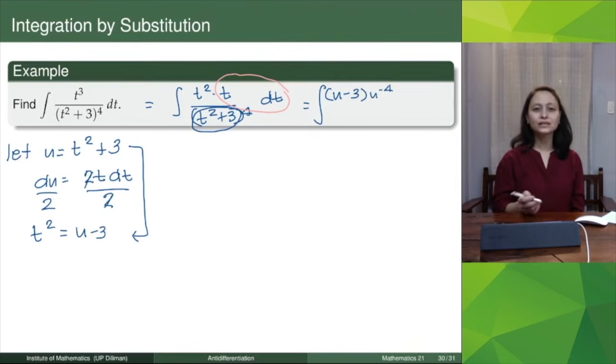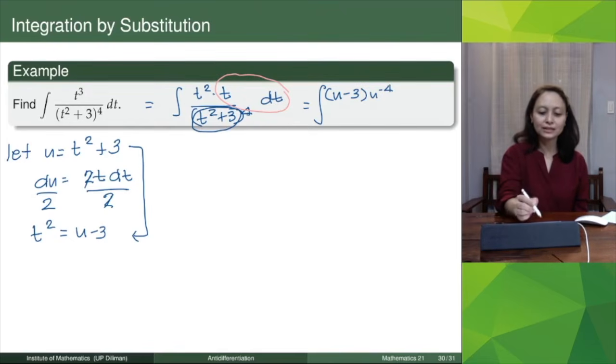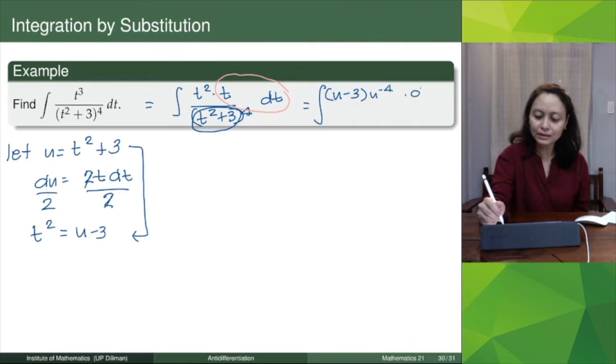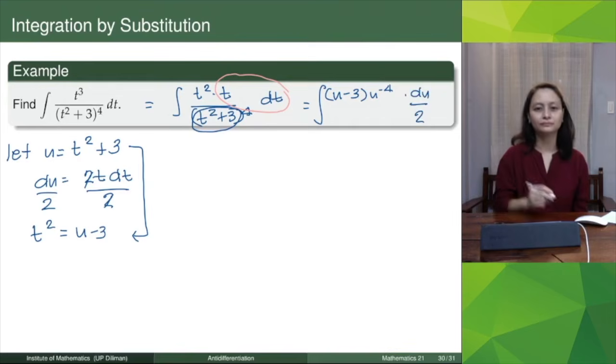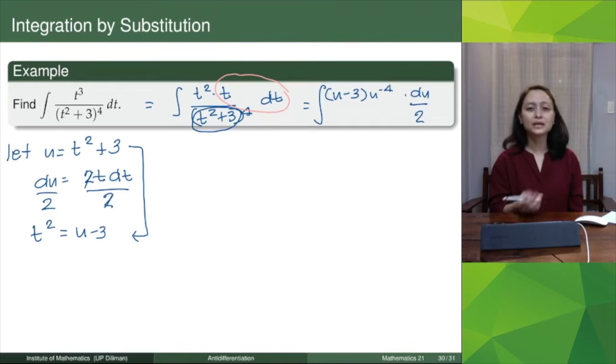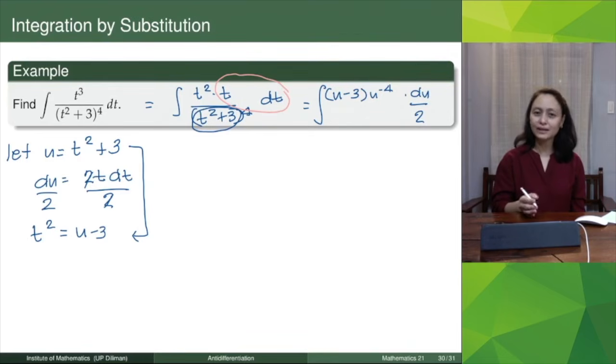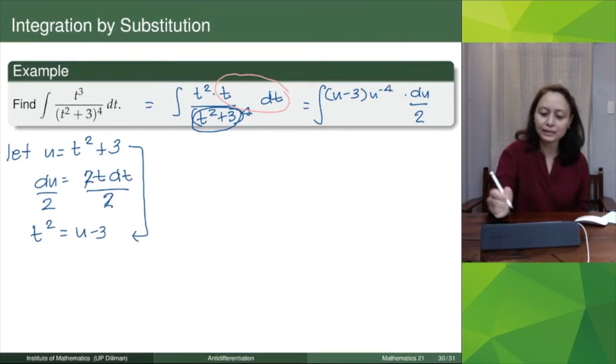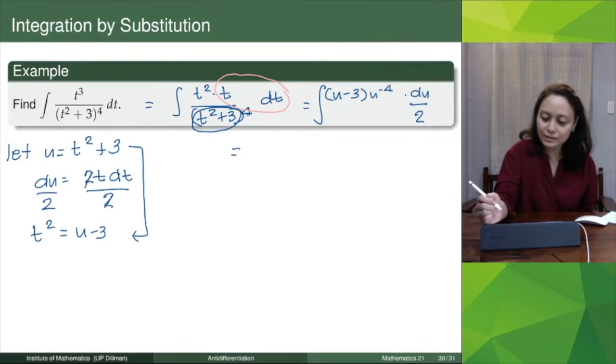Tama? 1 over t squared plus 3 raised to 4. It's t squared plus 3 raised to negative 4. Or using this substitution, you have u raised to negative 4. And last, yung t dt ay equal sa du over 2. Okay? So, we were able to write or express the integrand in terms of u. Wala nang naiwang ibang variable. Walang naiwan na t.